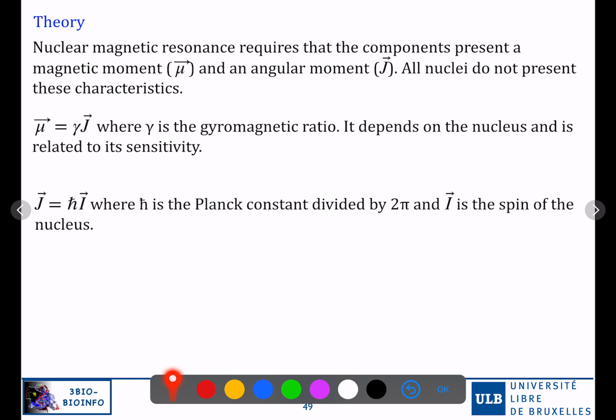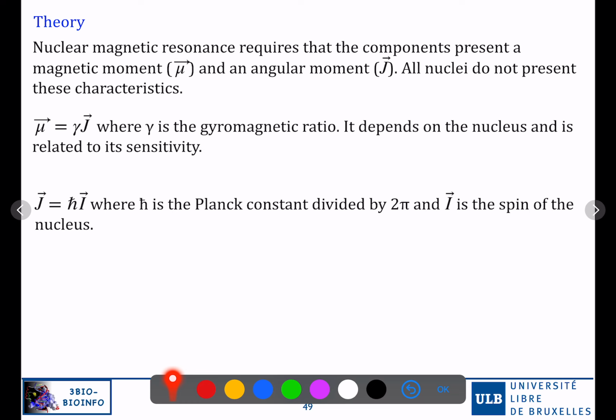That's the reason why you have the small arrow above the mu. So mu is the symbol for the magnetic moment that I will use in the course. And the angular moment, J, is also a vector. First, not all the nuclei of the atoms in a molecule present these characteristics. We will discuss that a little bit later in this video.